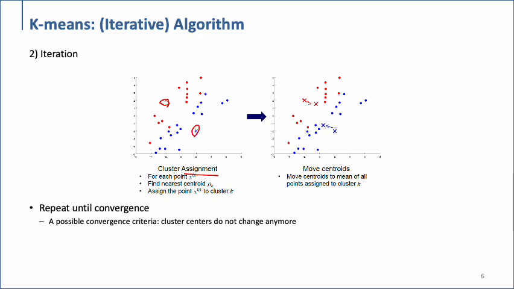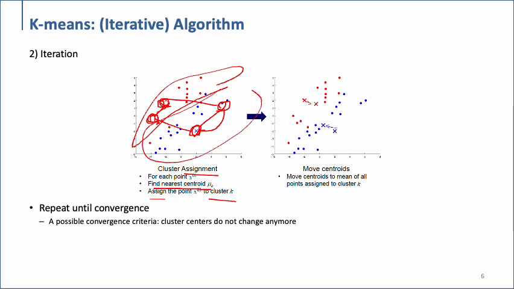In the previous step, we got the centers of the clusters, and for any data point we need to find the nearest centroid. For this data, the nearest centroid is the red one, so it is assigned to cluster red. For this data, the nearest centroid is the blue one, so it is assigned to cluster blue. Likewise, all the data can be assigned to proper clusters.